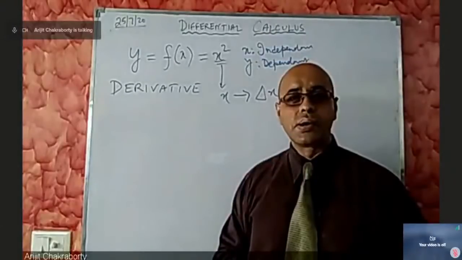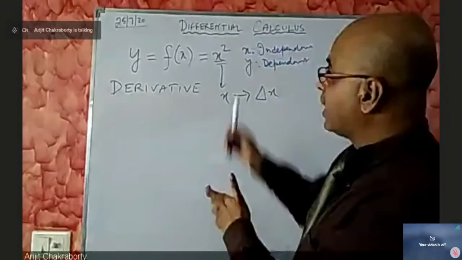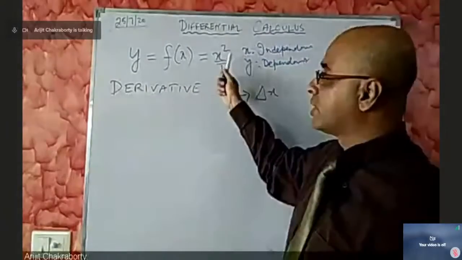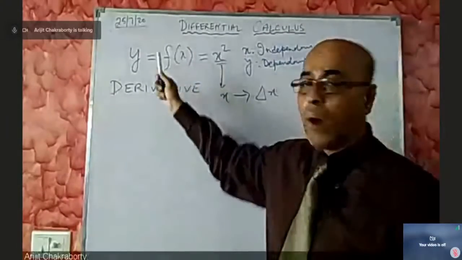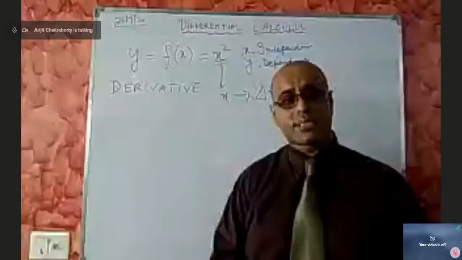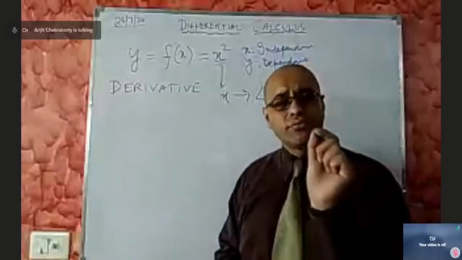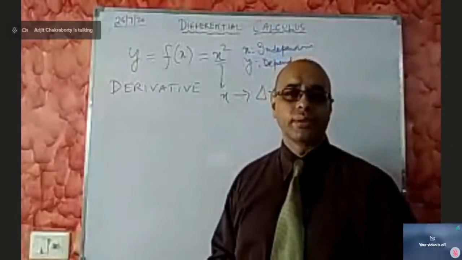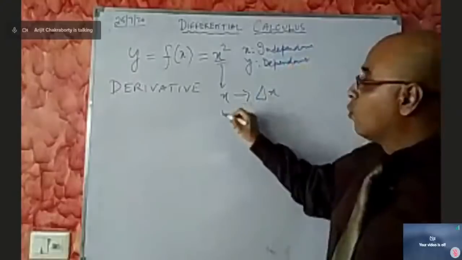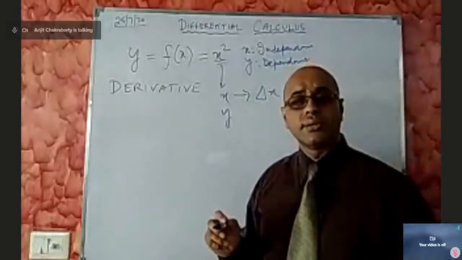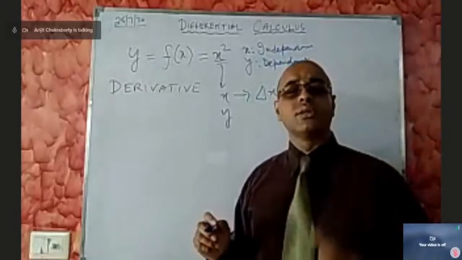As a result of which, if x changes, y will also change. Because x is the independent variable and y is the dependent variable, the value of y will depend on the value of x. So if the value of x changes by a very, very small amount, then the value of y will also change.